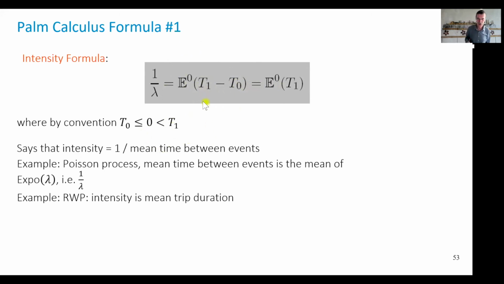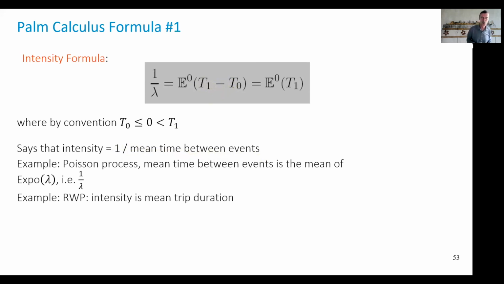This something simpler says, this is the time I sample when I sample 2 consecutive events. I take an arbitrary transition that I call transition 0, and I look at the time until the next transition, which gives me T1. And I ask, how much time does it last? So the intensity is 1 over the mean time between events.